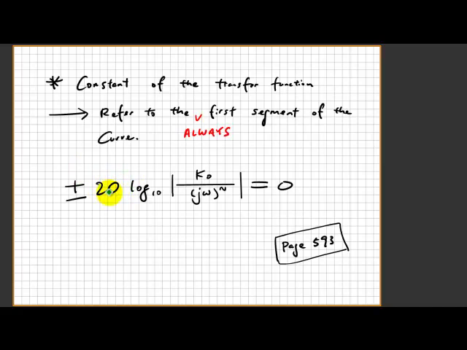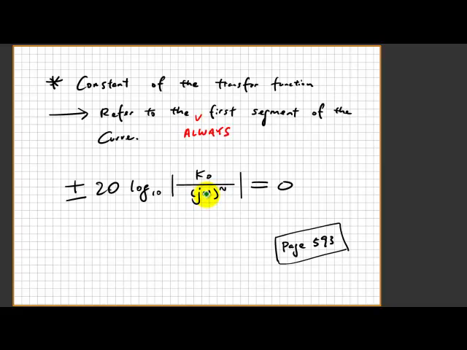So this is 20 logarithm 10 of the constant k0. This is a constant that either you will be given or you will find out, divided by j omega to the power n. The n here actually determines the slope. So if you have minus 20 dB, then n is going to be 1, and if you have 40 dB, then that's going to be 2.